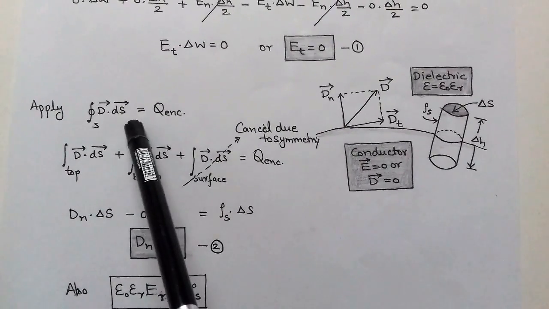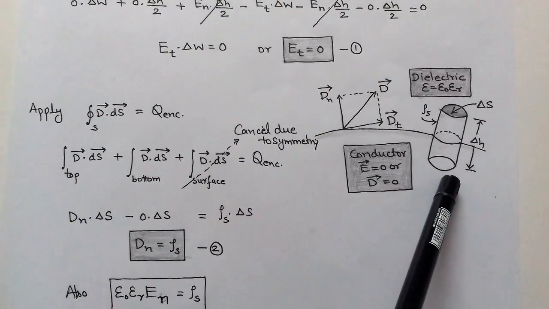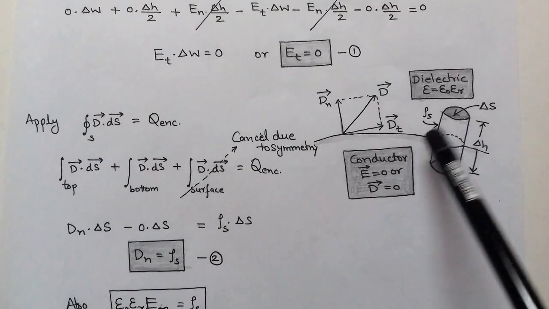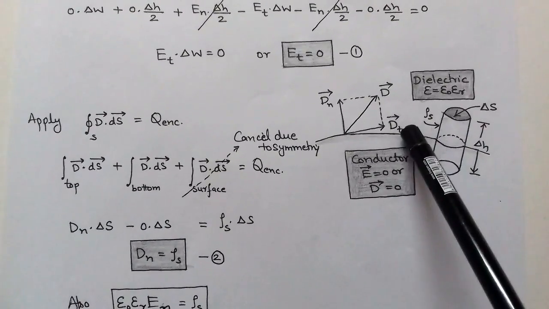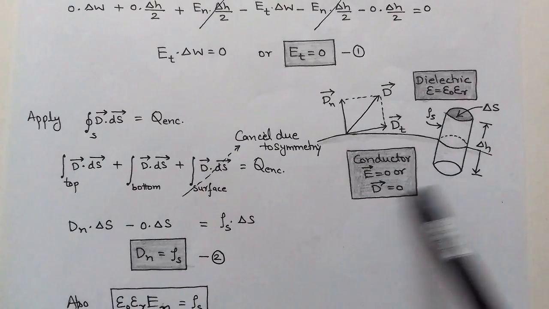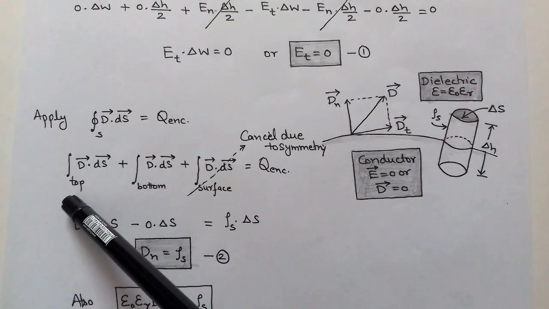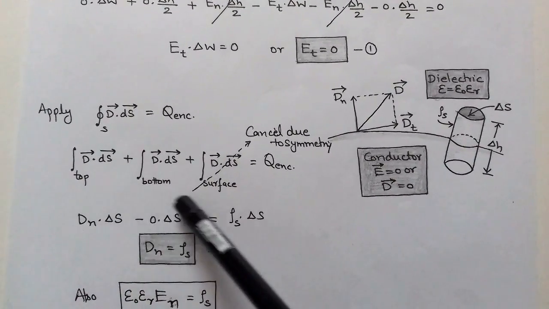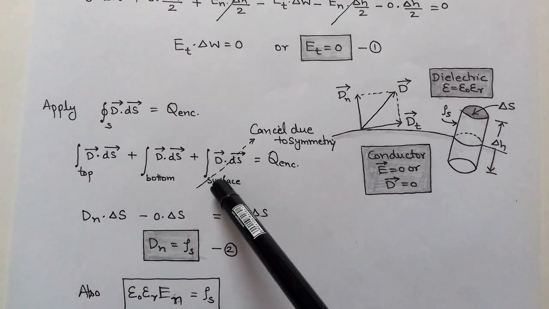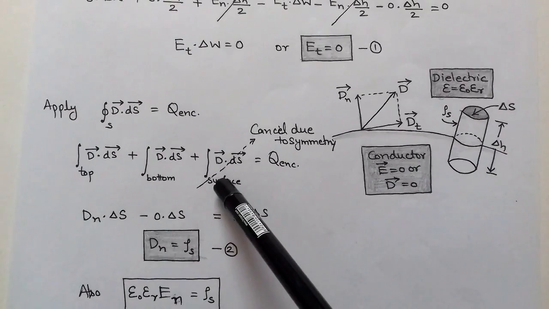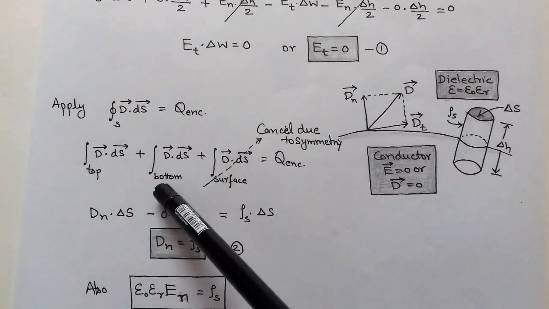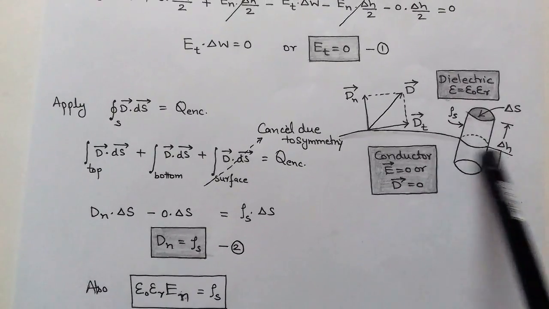For this Maxwell equation we take a closed surface, a cylinder having a surface charge density rho s. This cylinder has three surfaces, top, bottom and curved, and the curved surface has symmetry, so its integration is again 0. We have the top and bottom surface integration equal to Q enclosed.